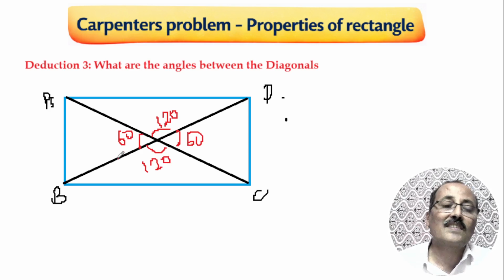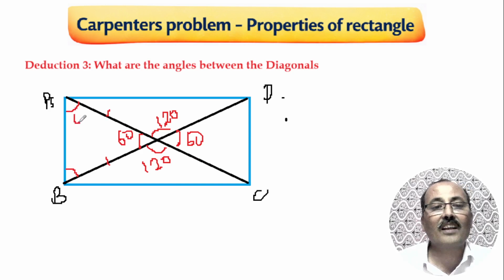Now this is 60, and what about these angles? Because of this 60, and these two sides are equal, as diagonals bisect each other, these two angles are equal, hence this must be 60, 60, 60. Oh, what happened? All 60. It doesn't look like an equilateral triangle also.